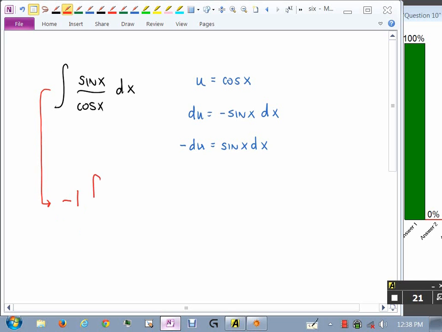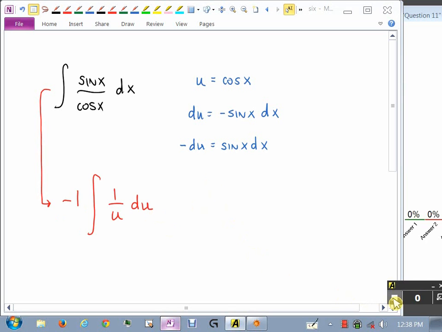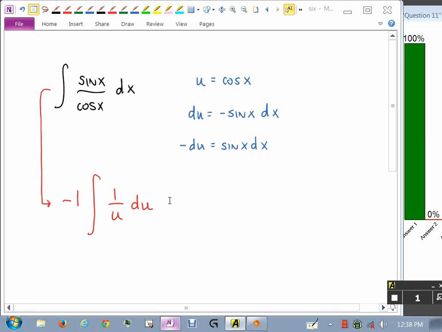Negative 1, and then 1 over u du. Questions? We all good? Yeah, this is natural log, so we would have natural log of the absolute value of u, plus c. Okay, what's u? Cosine x.